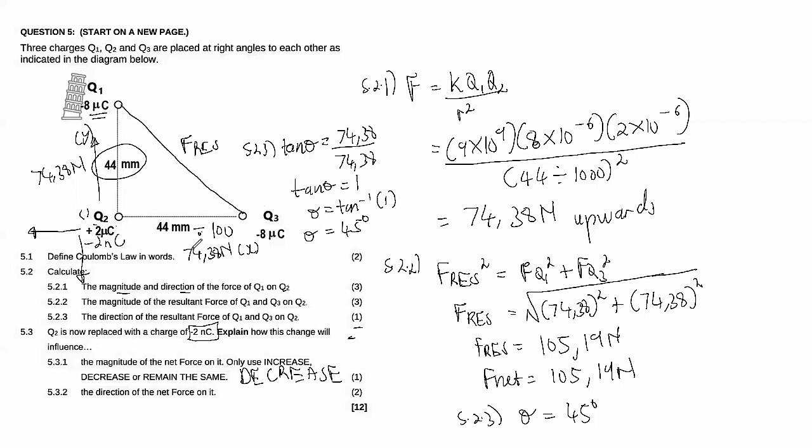So the direction of the net force right now will be in the opposite direction, right? So we can say now the direction of the net force will be in the opposite direction of the initial direction.